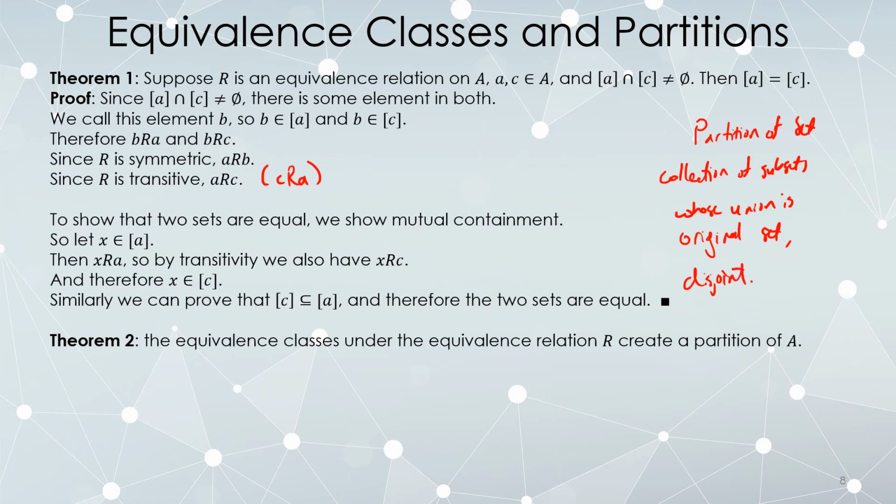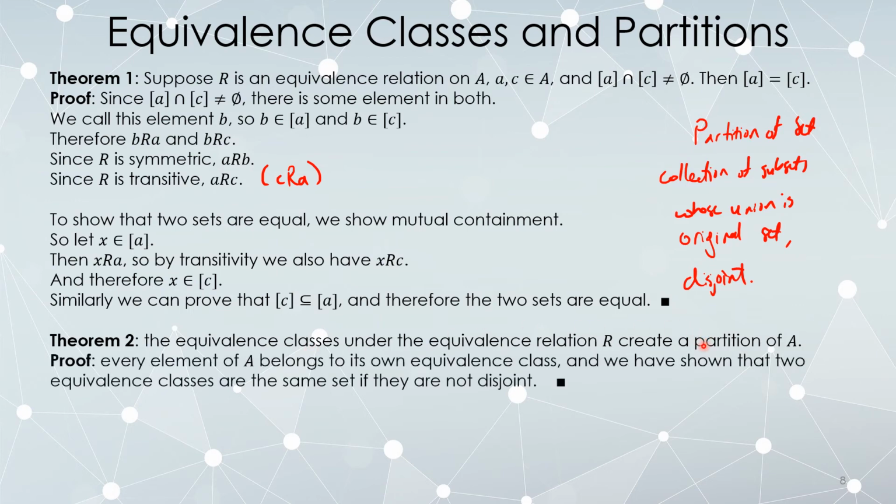So if I take two elements from this collection, their intersection is empty. So that's what we want to show, that if you have an equivalence relation and you look at all the equivalence classes, you've made a partition.